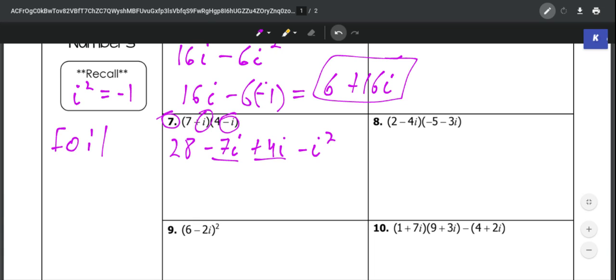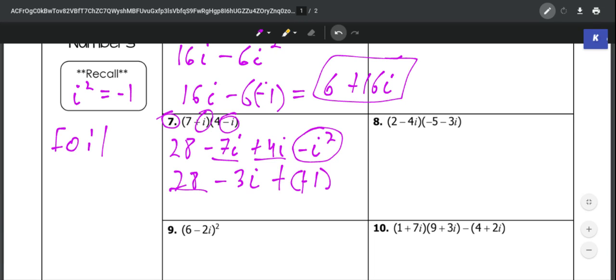So we've got like terms here, which is 28. That doesn't have a like term, so that's just going to stay. We've got negative 7I plus 4I. That would be minus 3I. And then this would simplify to, because I squared is negative 1, minus a negative 1, which would become plus 1.